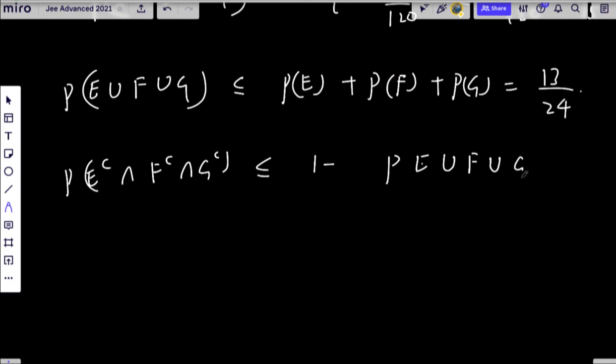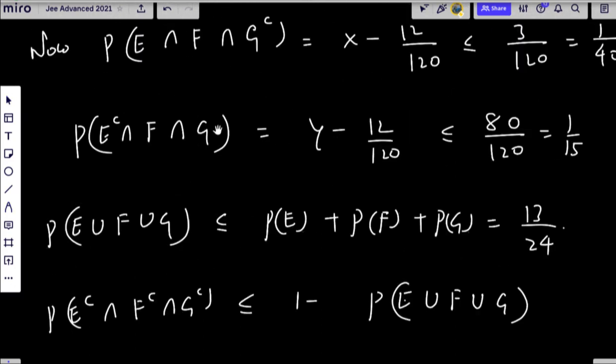So probability of E union F union G is 11 by 24, and that is greater or equal to 5 by 12.